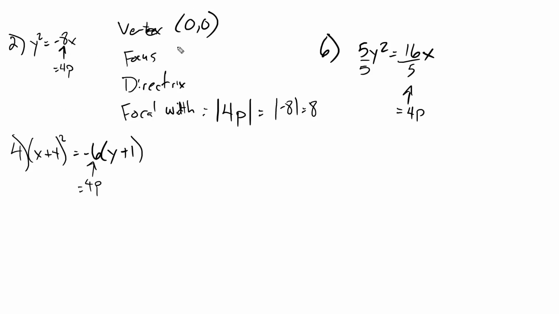The focus, in this case, since this is opening up sideways and is opening to the left, we know this because it's negative, and it's y squared, so we know it's going to open this direction.